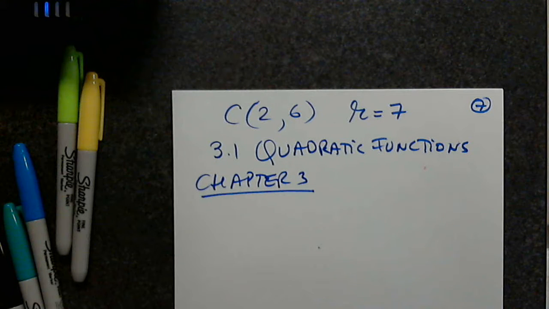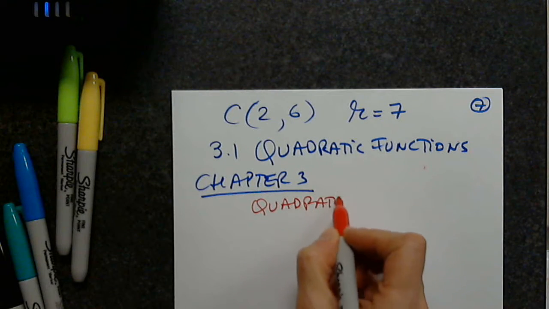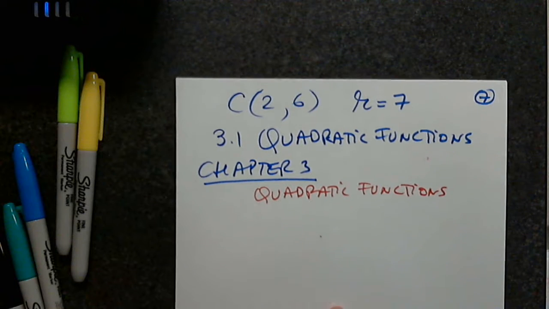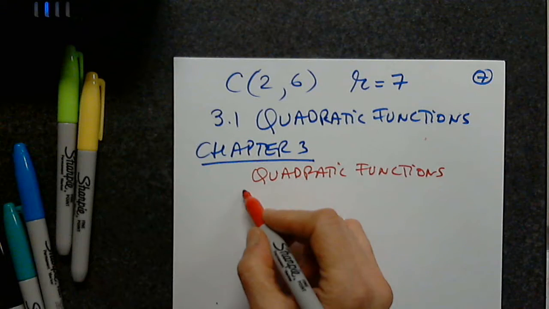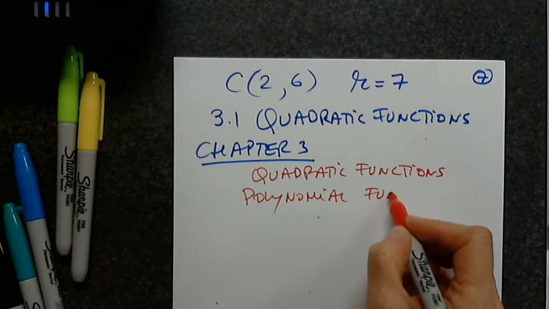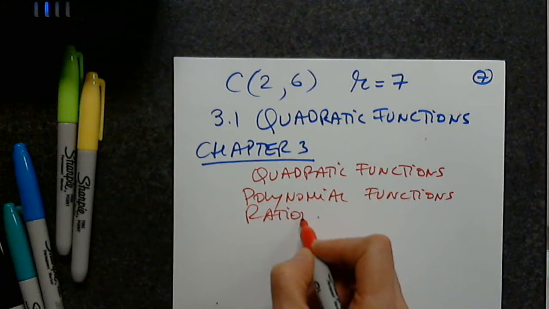It deals with quadratic functions. It deals with polynomial, and you can say, but what about quadratic? Isn't that polynomial? Yes, but we mean higher degree when we say polynomial. Polynomial functions and rational functions.